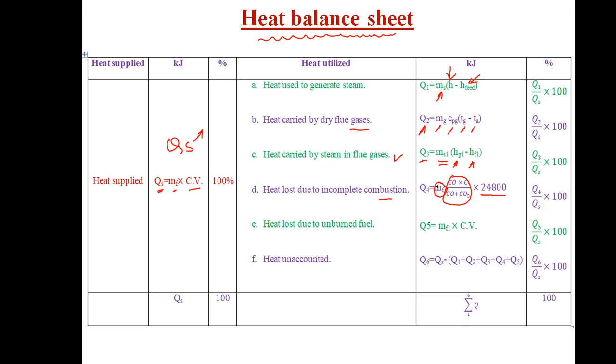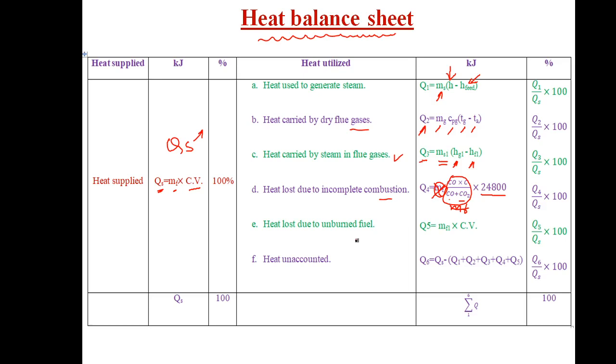MF may not be there. It is CO into C divided by CO plus CO2, into 24,800. So this itself is the mass of fuel which is burned to carbon monoxide, so you need not write MF here.